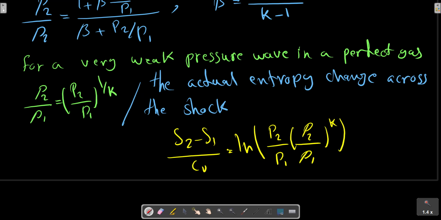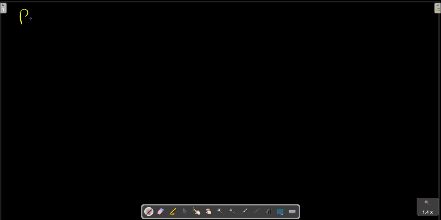Assuming a given wave strength, we can compute the density ratio and the entropy change and list them as a table for K equals 1.4, that is, for air. Anyway, Mach number relations are the next description.